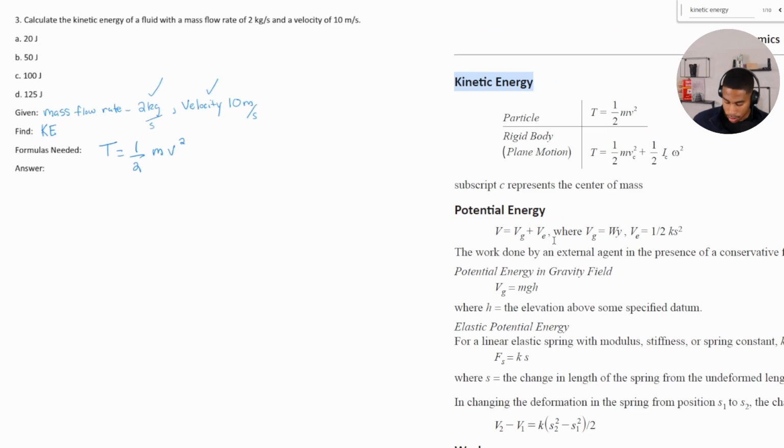Okay, so the kinetic energy of this fluid is going to be T is equal to 1/2 times mass is 2 kg times the velocity, and we're going to square it.